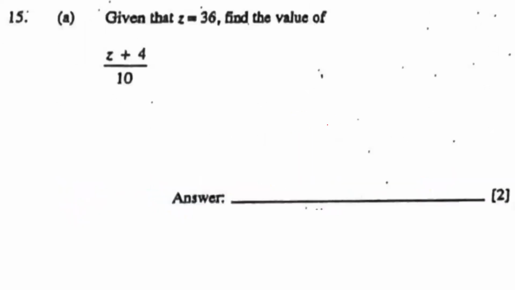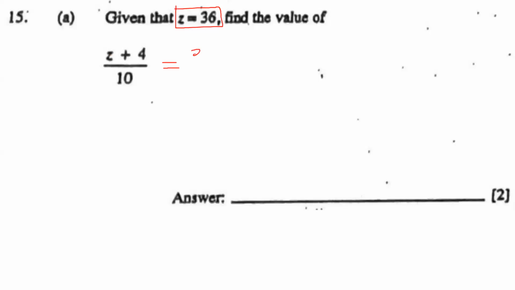Let's go. So we have 15. 15a says, given that z is 36, find the value of z plus 4 over 10. So again, please note that z is 36. That's what z is. And so let's substitute z with 36. Wherever we see z, we're going to put 36.